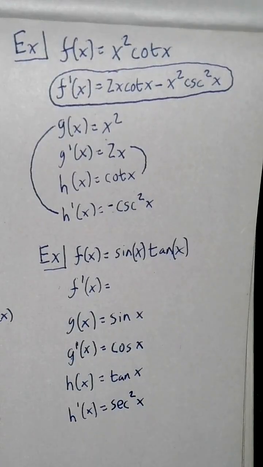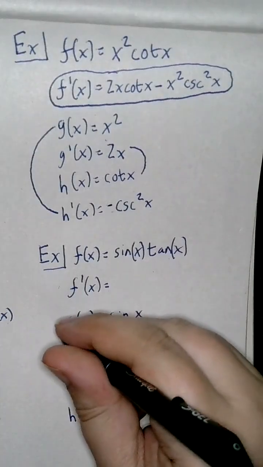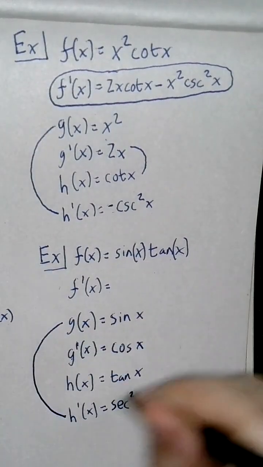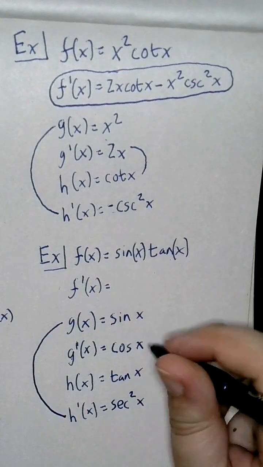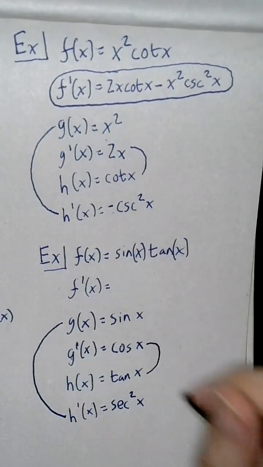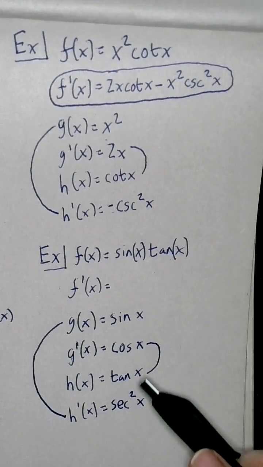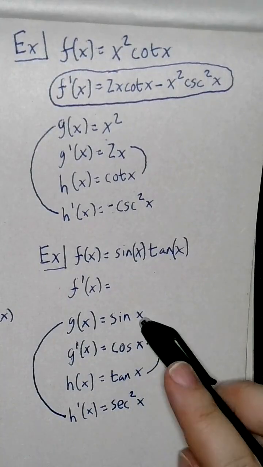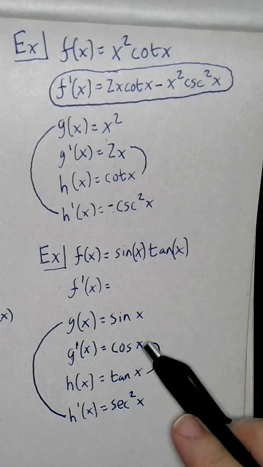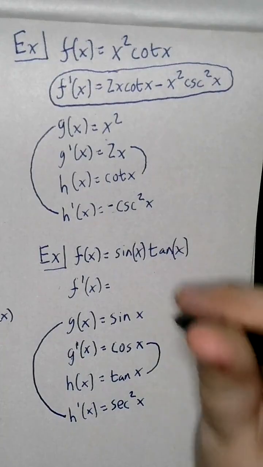And now I have everything I need to plug into the product rule. So just like before, I'm going to link the outer pair together, and I'm going to link the inner pair together. So I'm going to start with the inner pair and then go to the outer pair and add them together. So I have cosine times tangent.